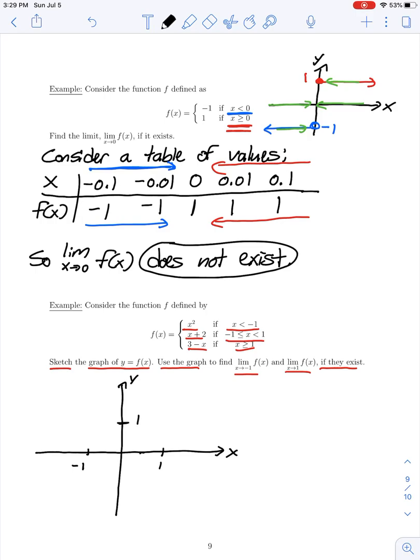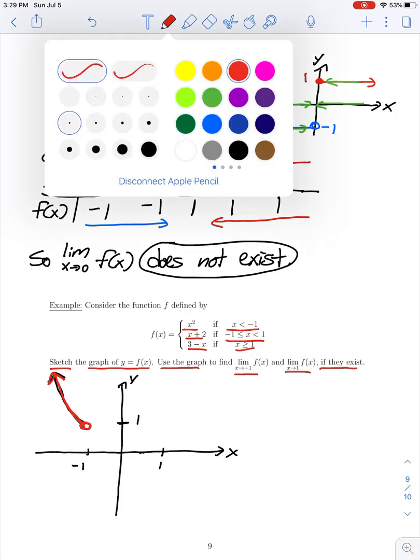So at x equals negative 1, it would have a value of positive 1, and it's a parabola that is opening upward. So it looks something like this on that first segment of our domain where x is less than negative 1. Now, since we have a strict inequality there, x is strictly less than negative 1, at x equals negative 1, I'm going to leave a hole in the graph for now.